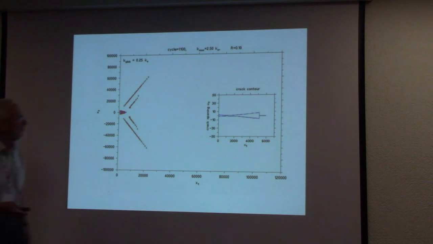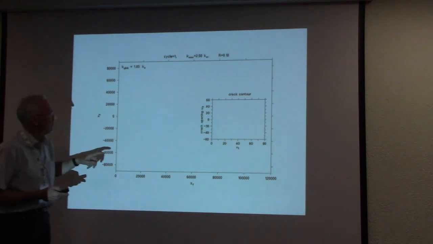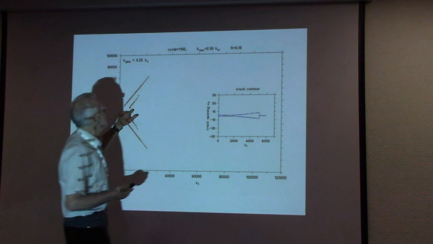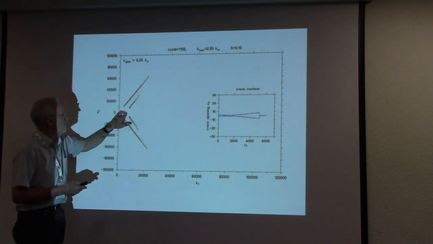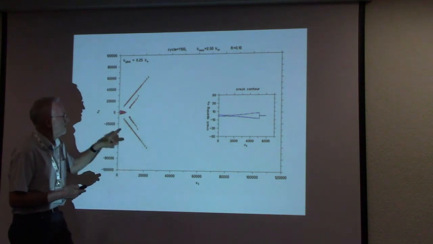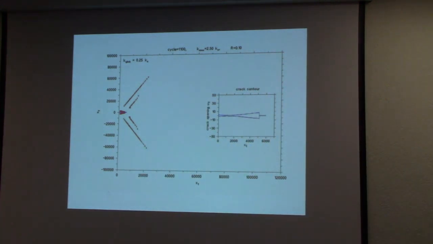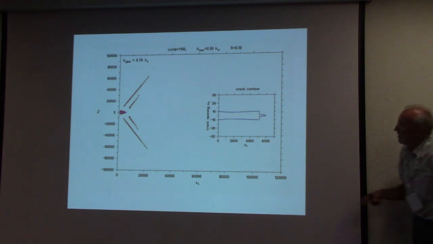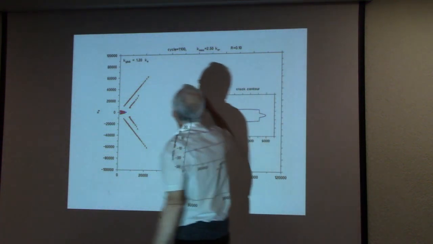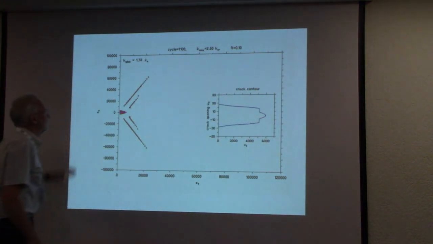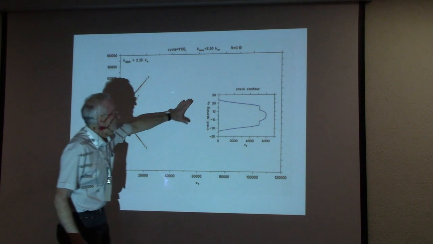This is here now, the crack has grown over a certain distance, about a few microns, and now what happens is also shown. So this is a cycle. This is after 1,000 cycles. Now the scale is varied.